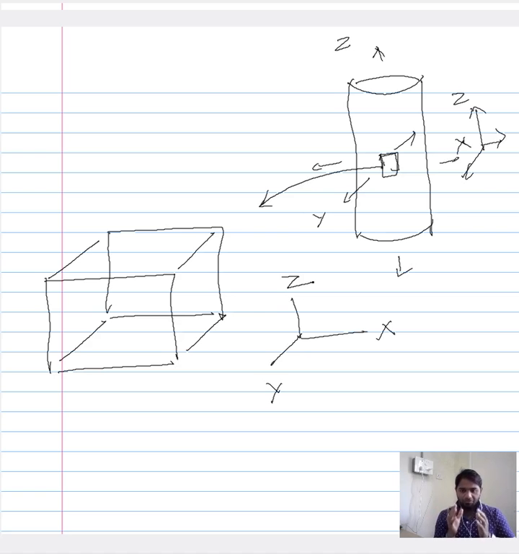When there is only uniaxial loading, we saw that it needs three components. Supposing there is a uniaxial loading, we need one along the z-axis, that is the normal component of stress or the normal stress, and two on the z plane. That would be two shear stresses, one along the z-axis and two on the z plane.